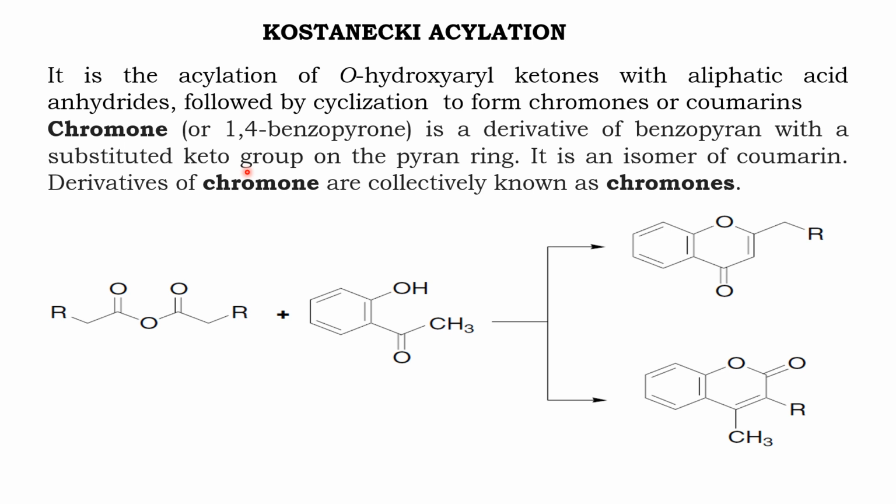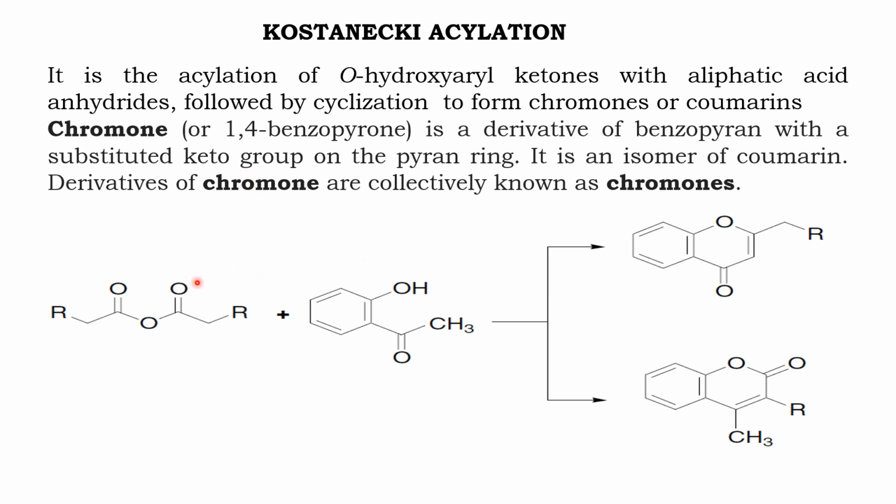So, the Kostanecki acylation reaction is basically a cyclization reaction, where a cyclic product is formed by the reaction of ortho-hydroxyaryl ketones with aliphatic acid anhydrides. And we know chromones and coumarins are isomers.